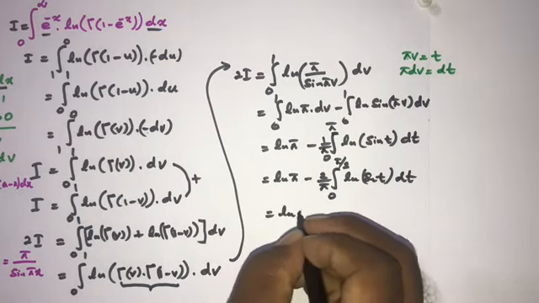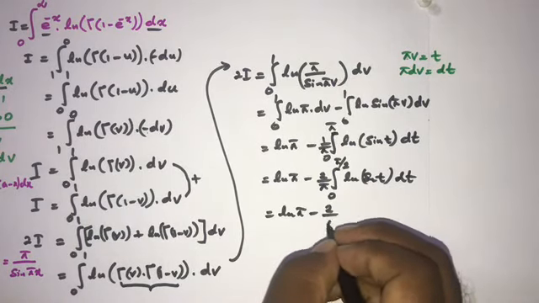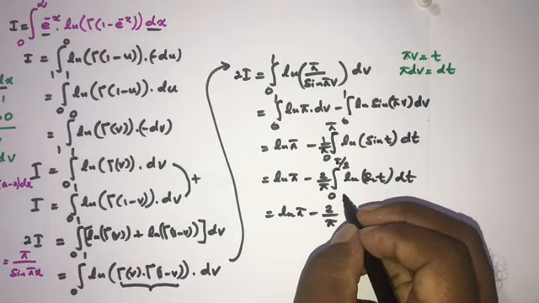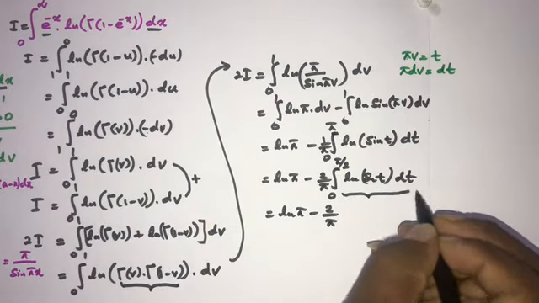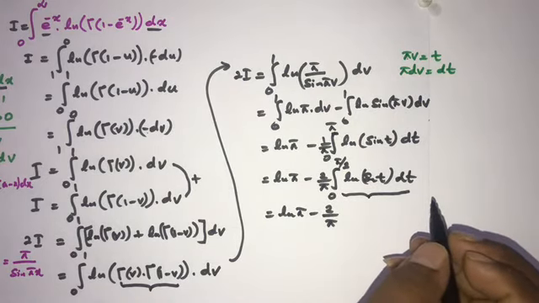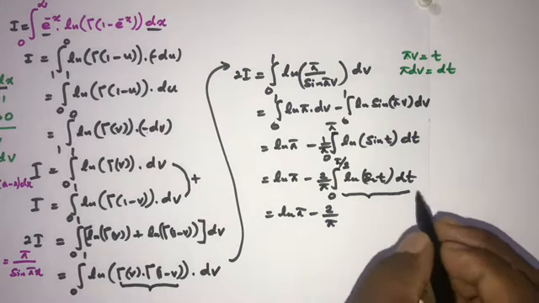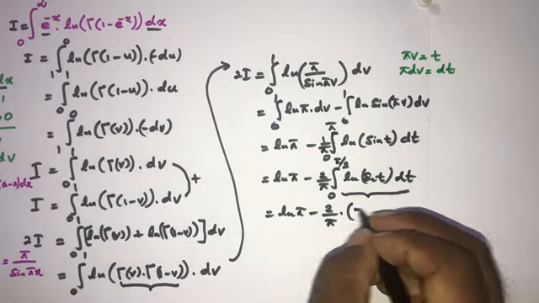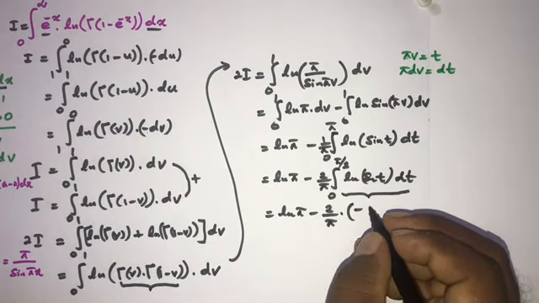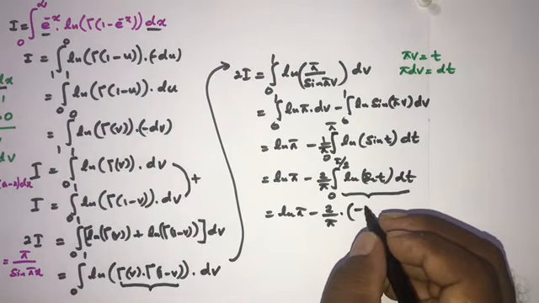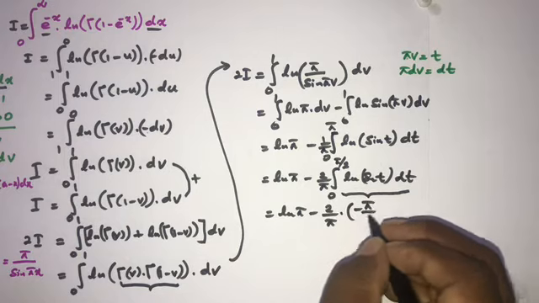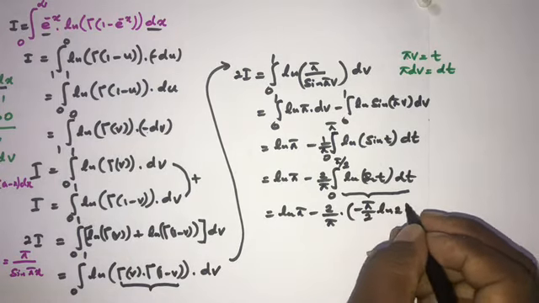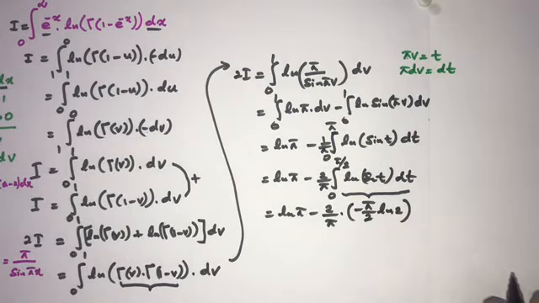Now natural log of pi minus 2 over pi, and we know this is a famous integral, and in a previous video we discussed this integral. We know the answer is minus pi over 2 natural log of 2.